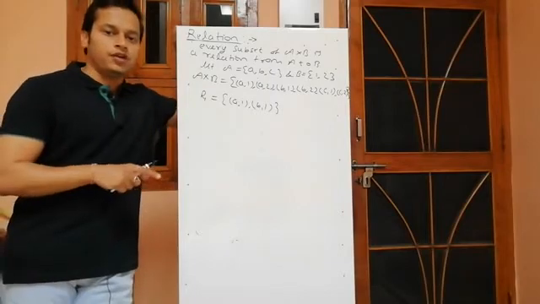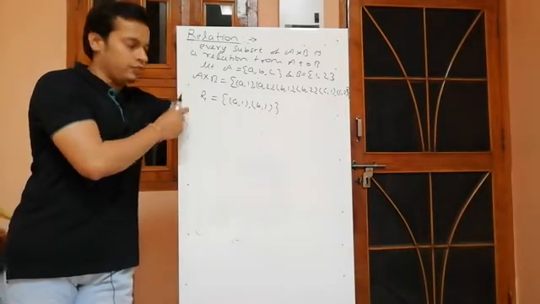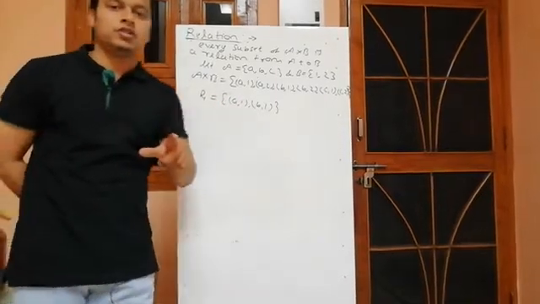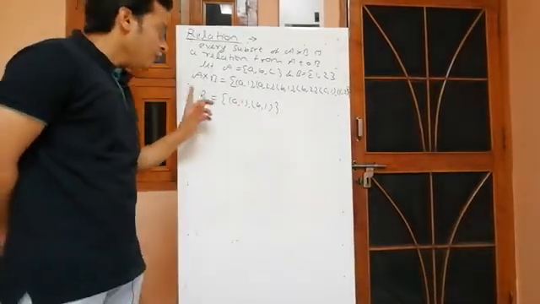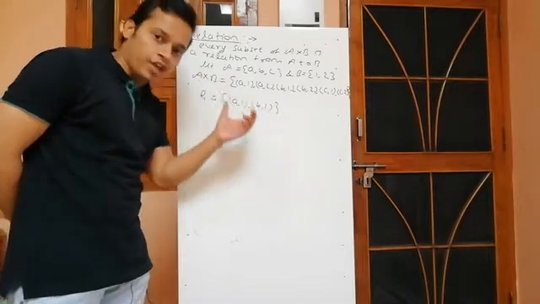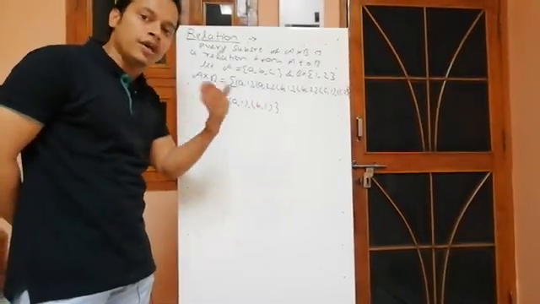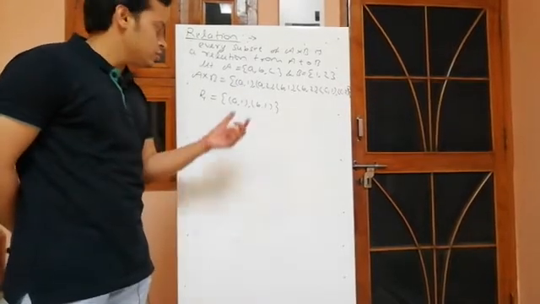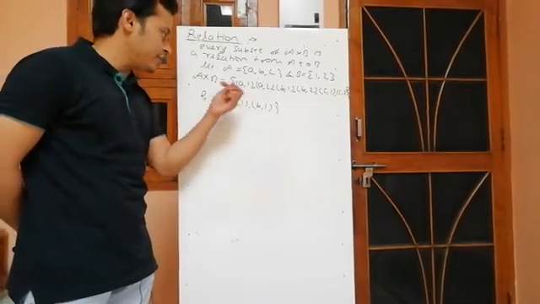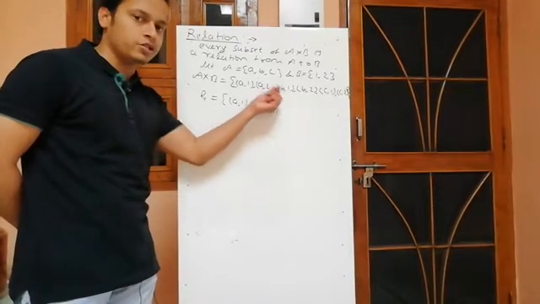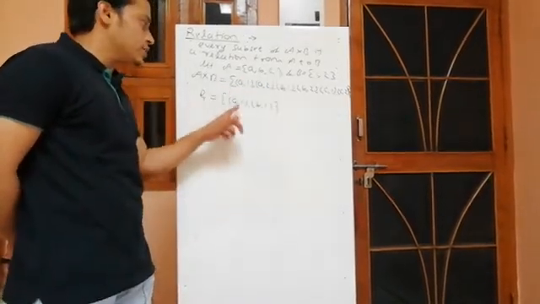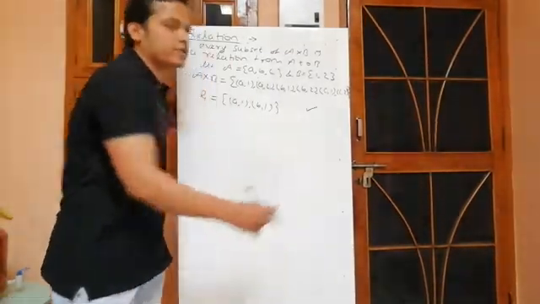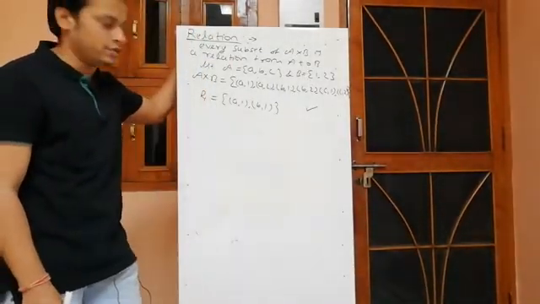If this is a subset of A cross B, then it is a relation from A to B. The definition of subset: if every element of A is also an element of B, then A is a subset of B. You can see that (a,1) is an element of A cross B, and (b,1) is also an element of A cross B. So this is a subset of A cross B, and therefore a relation from A to B.